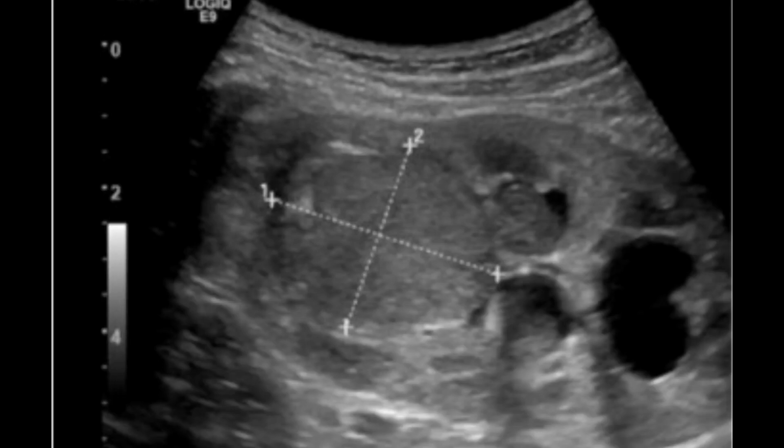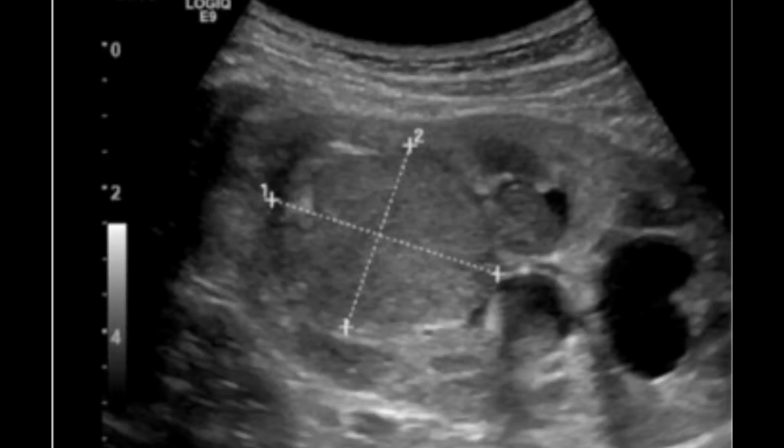However, it is not crossing or breaching the renal capsule, and as far as its internal echotexture is concerned, it happens to be homogeneous. There is no calcification in it, no hemorrhage seen, no cystic formation in it.